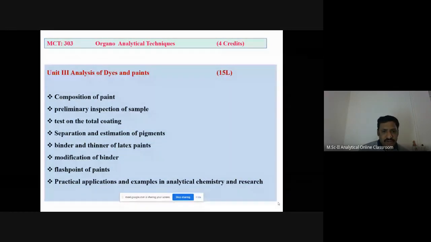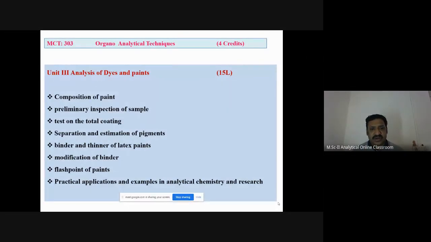We saw that point, but here we want to see the details of these binders and modification of binders. Whatever points we took already, different types of binders, their structure, and advanced binders, are also included in the composition of paints.